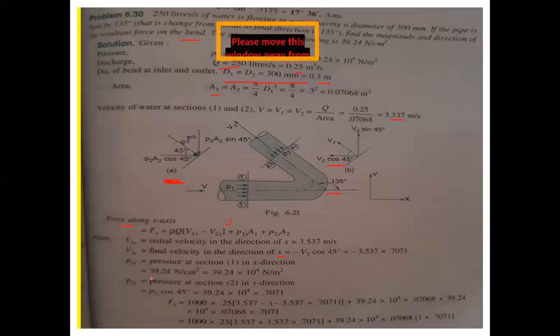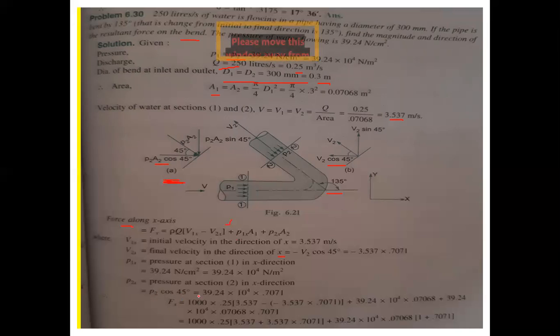We already know that P1 is equal to 39.24, and the conversion is 39.24 times 10 to the power 4 Newton per meter square. Now P2 at section 2 in the x direction is P2 cos 45.